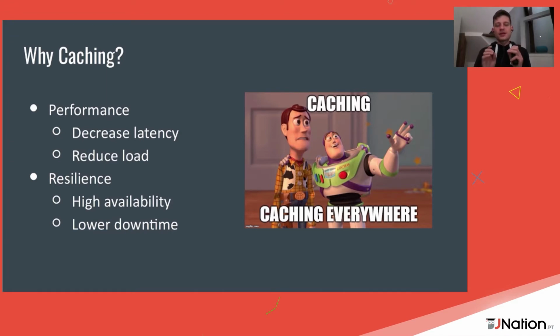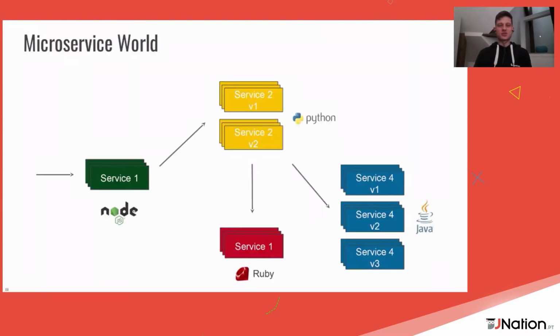Now the thing for this talk is what caching looks like in the microservice world. What you see on this diagram is actually a very simple microservice system. We have a lot of services, they have different versions, they can be written in different programming languages. They obviously use each other. So even a simple system is actually complex.